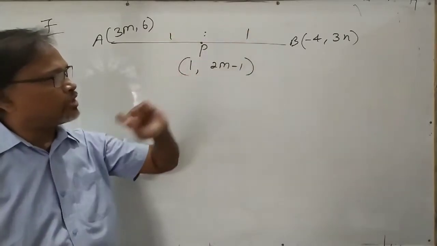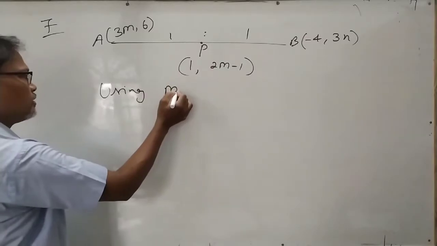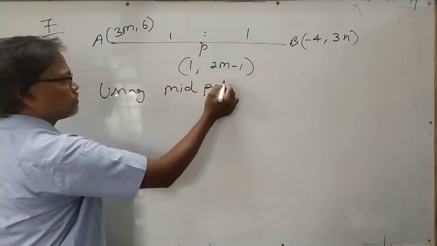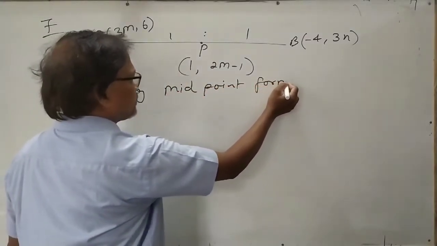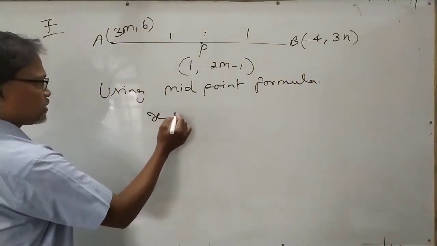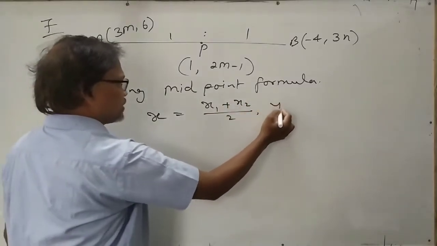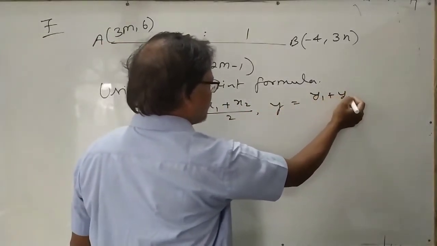Midpoint means dividing in the same ratio. So using the midpoint formula, x is equal to x1 plus x2 by 2, and y is equal to y1 plus y2 by 2.